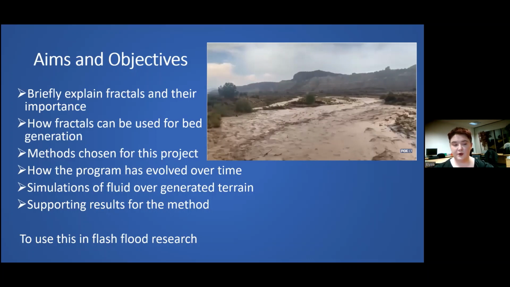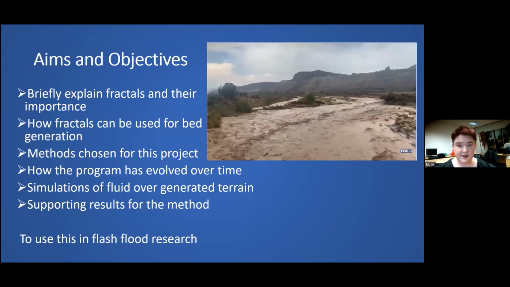over both the generated topography that I've created and over real topography taken from a specific paper, which I will also share. I'm then going to explain the supporting results for my method and how I'm going to continue research in this method going forwards.